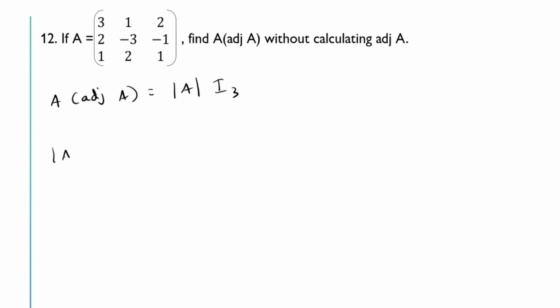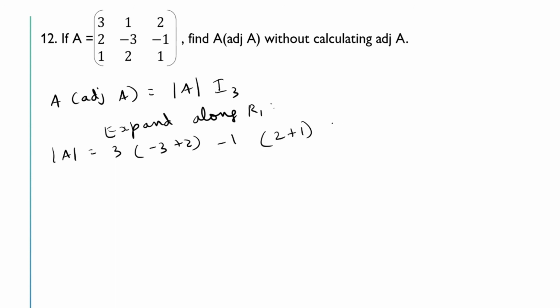Now determinant of A, we can expand along R1. So we have 3 into minus 3 plus 2, minus 1 into 2 plus 1, plus 2 into 4 plus 3. So this is equal to minus 3 plus 14.